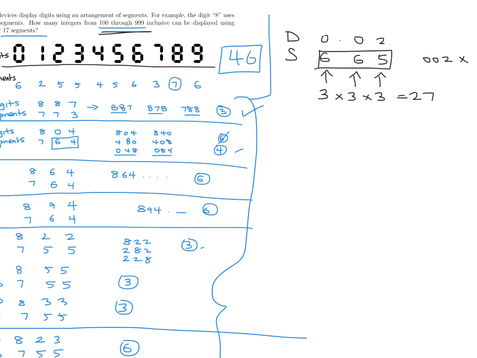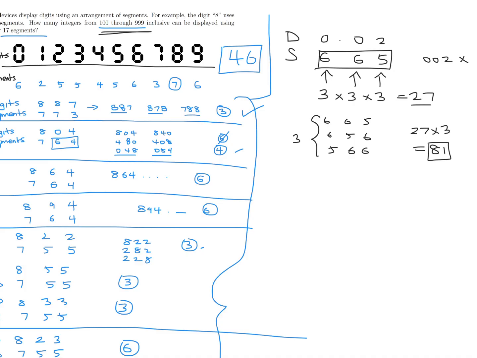But there's 3 iterations of this guy. It's 665, a 6 segment, a 6 segment, a 5 segment, or you can have a 656. These are segments, not the actual digits, or a 566. So there's 3 of these guys. So this 27 has to be then multiplied by 3. So you get 81.